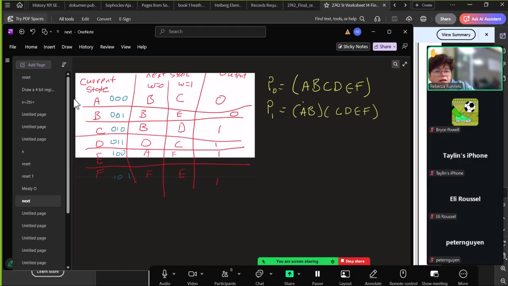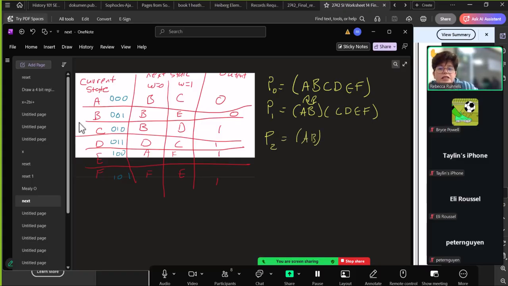A goes to B. Where does B go if W equals 0? B goes to B. Are both of those things in the same set? They don't have to be the same set as where you started, just the same as each other. Where A goes to and where B goes to, are those two things in the same set? Yes. So I will keep them together. So for P2, I'll keep A and B together.